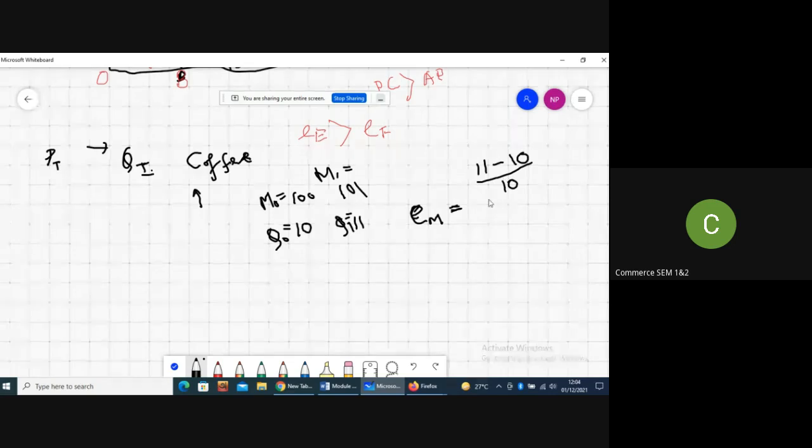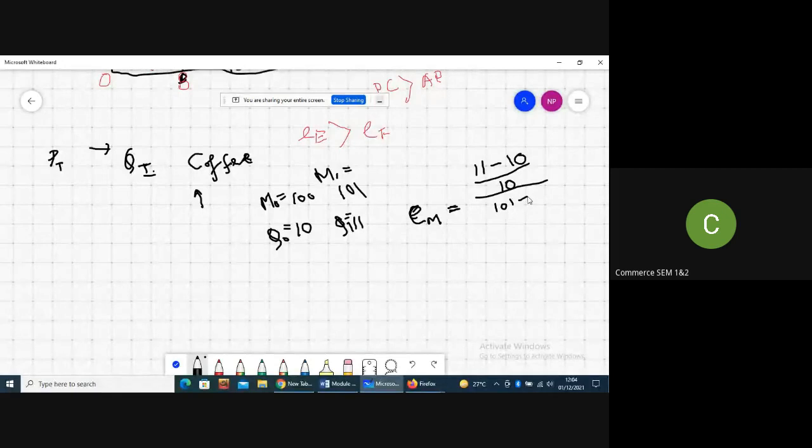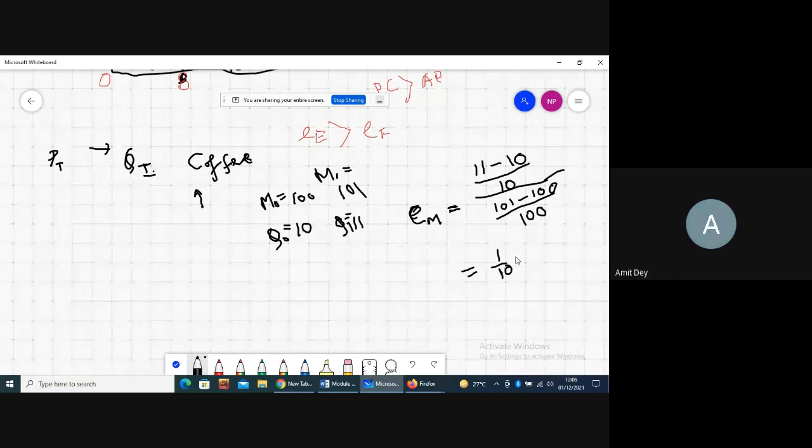Divided by 101 minus 100 divided by 100, what will it be? 1/10. Sir, it will be 10, 10 multiplied by 100/1.